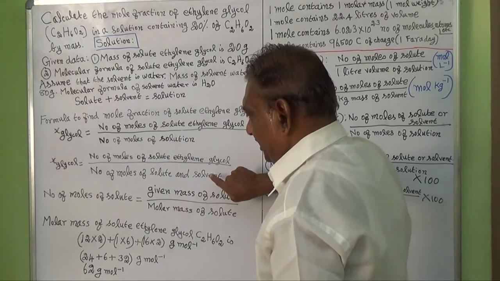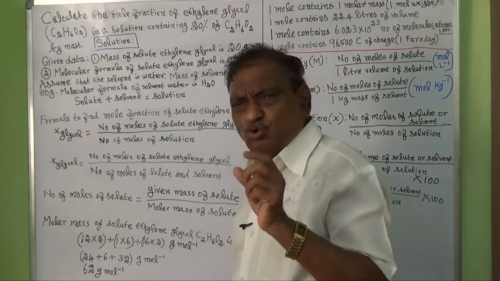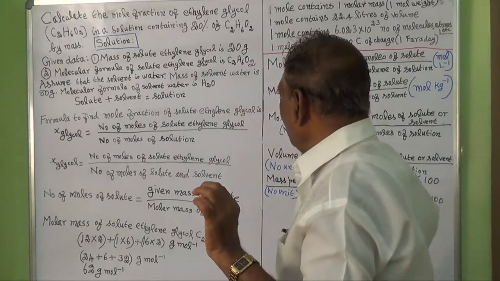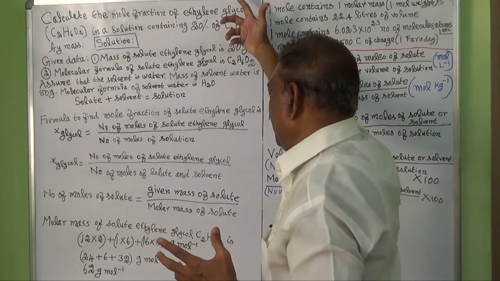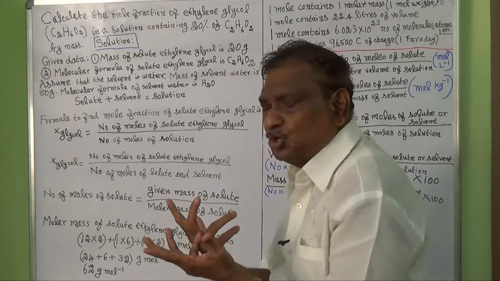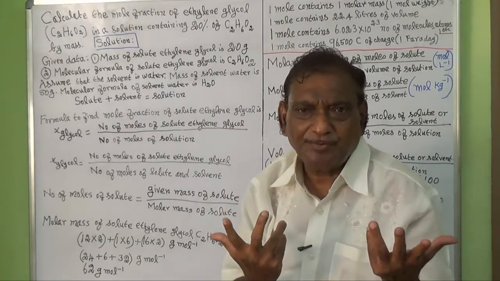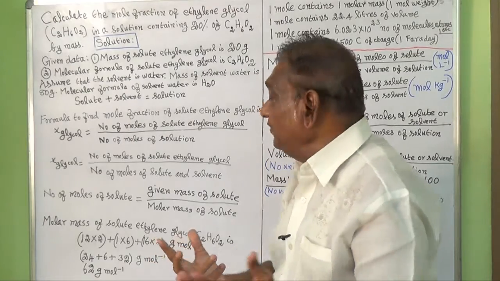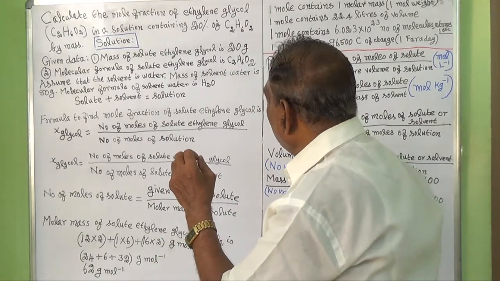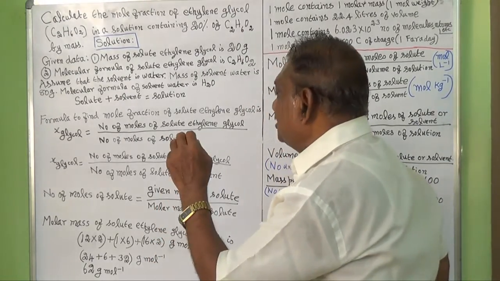The next question is, sir, the mass of the solute is given in the sum, but the molar mass of the solute is not provided in the sum. How can we find the molar mass of the solute?